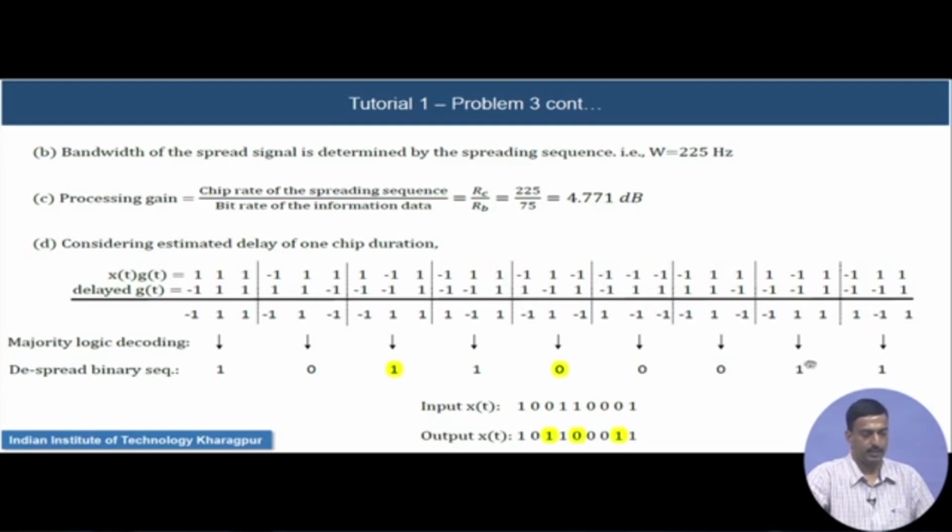I'm sorry, this bit of 1 should have also been highlighted, because these are the 3 bits which are in error. This has happened because we have used a PN sequence at the receiver which is not synchronized with the original PN sequence at the transmitter, and because it has a delay of a bit at the beginning. So we see that synchronization is very important during the process of decoding a spread spectrum signal.